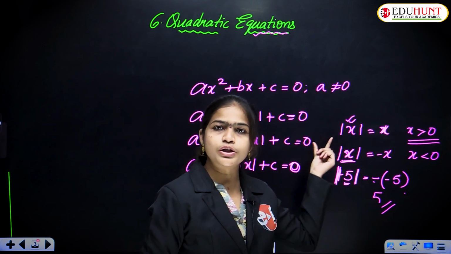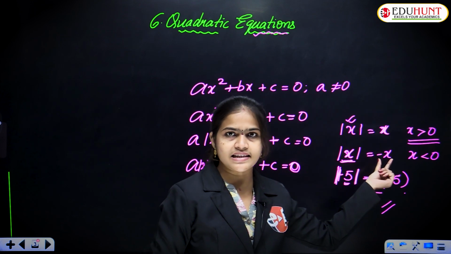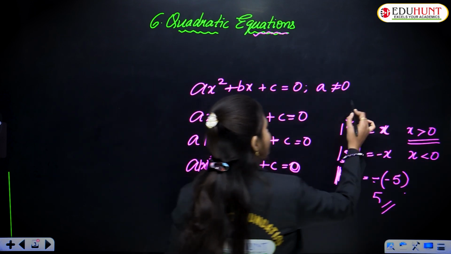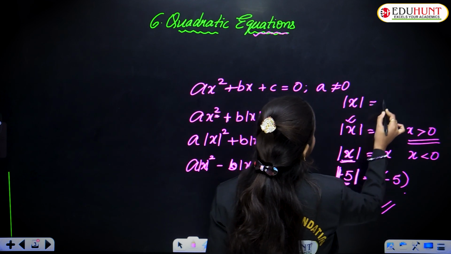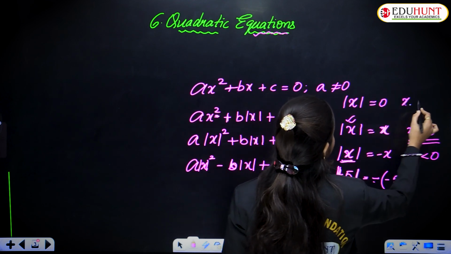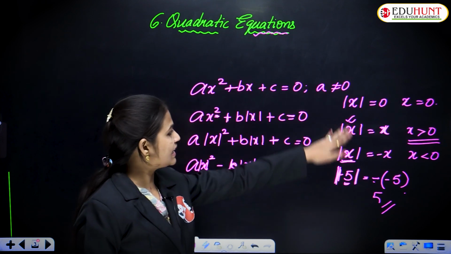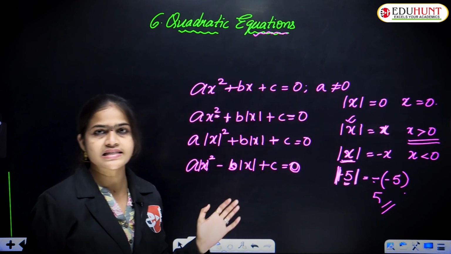That is the meaning of modulus of x equal to minus x when x is less than 0. And another condition is modulus of x is equal to 0 when x is equal to 0. Am I clear to you? These three conditions we already learned previously in 7th class.